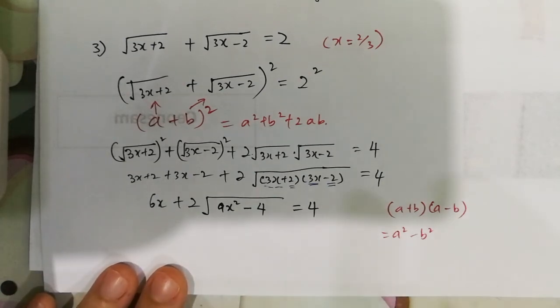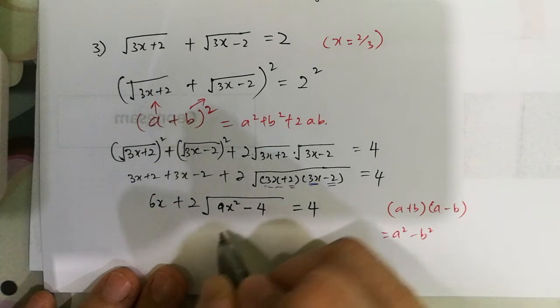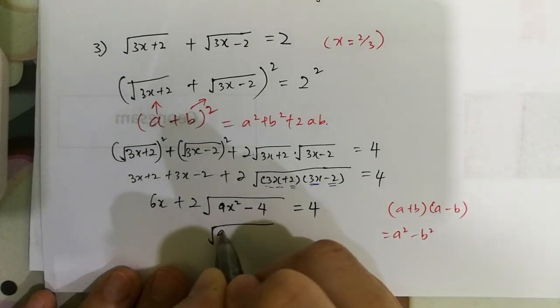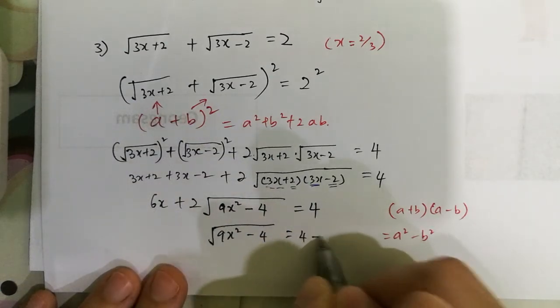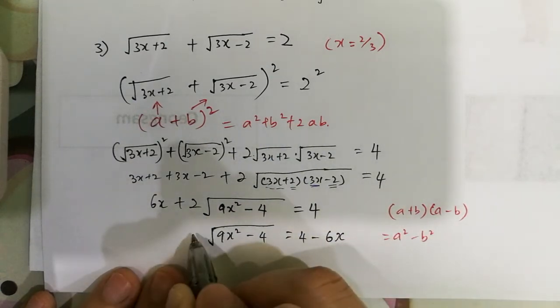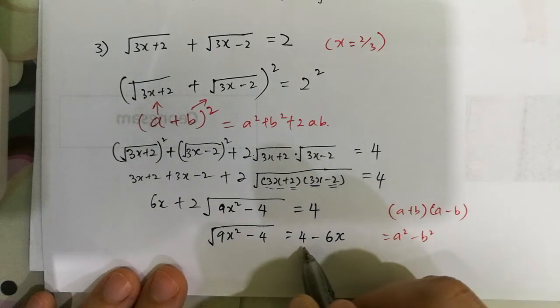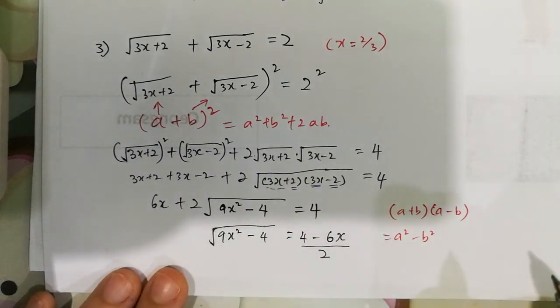Next I bring the x over. 4 minus 6x. I should write my 2 here, right? So I just straight away bring the 2 over here.